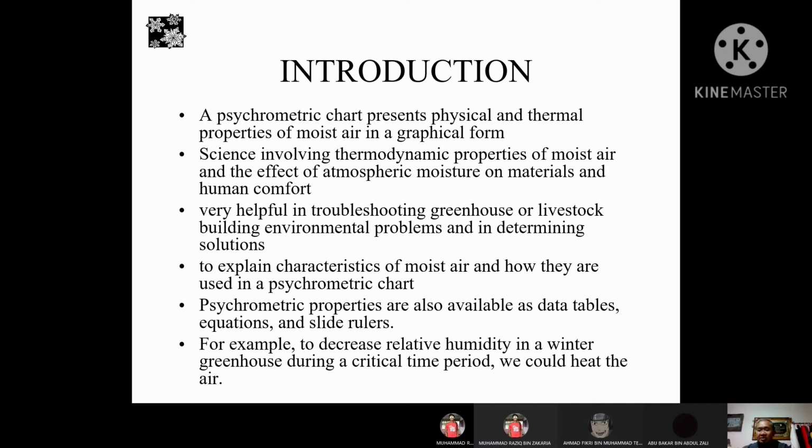Normally we use a psychrometric chart to plot the air condition in the room, or we can also plot the air condition outside of the room. Okay, and we may also plot the condition of the room in the system.